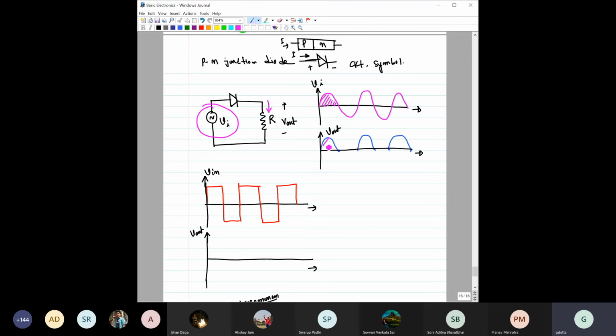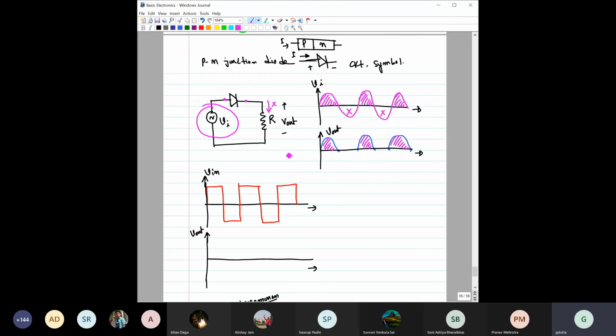But in the negative half cycle, the diode will behave as an open circuit. No current flows through this, so no voltage drop, and you will get 0 voltage here. Again, in the next positive half cycle, you will get this output.